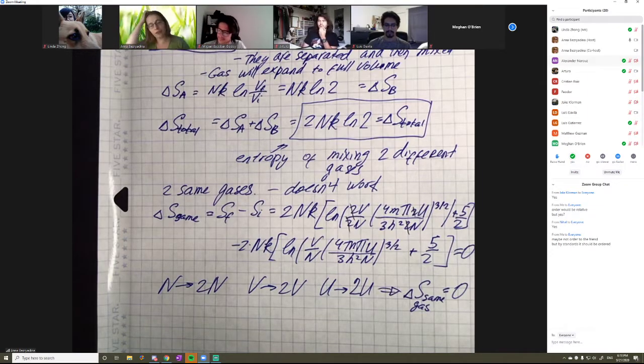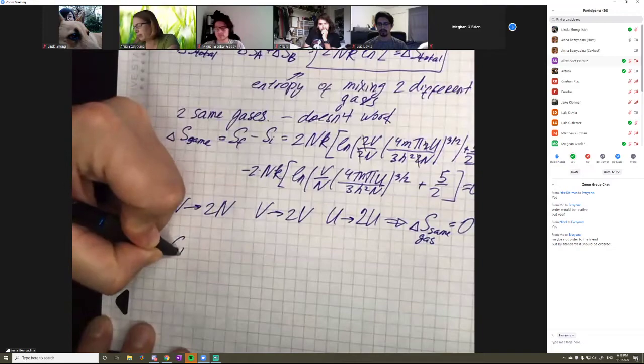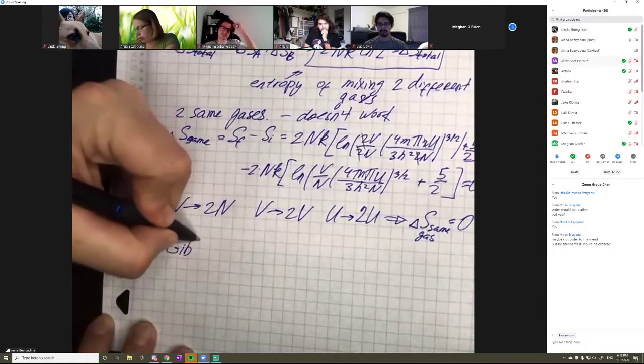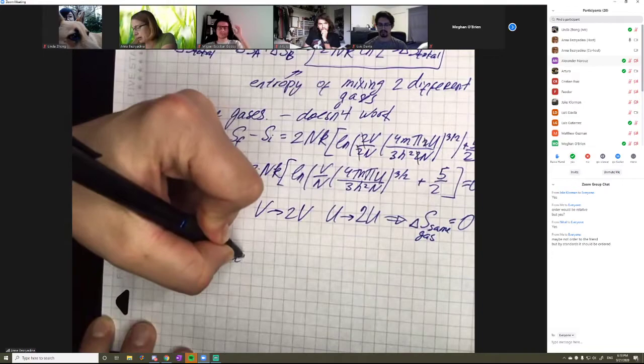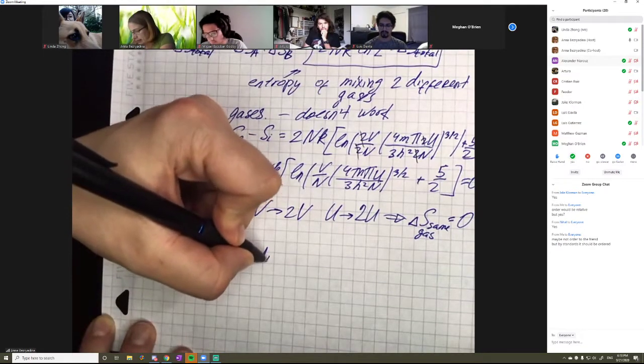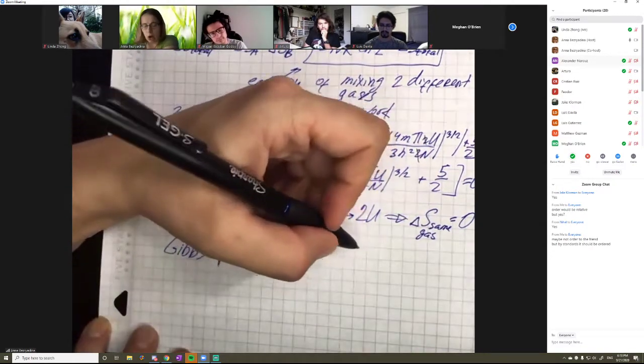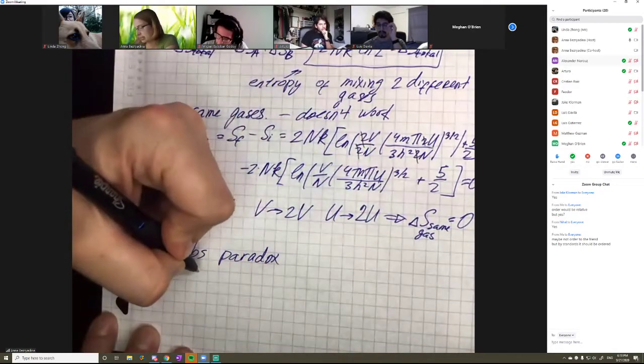And if they were distinguishable, the result would change. If we put some kind of barrier between them and then remove it, we should somehow create extra entropy, and this is a paradox called the Gibbs paradox. Just as a quick summary, and we'll move on, it's the end of the lecture: the Gibbs paradox takes into account that the same particles must be indistinguishable.